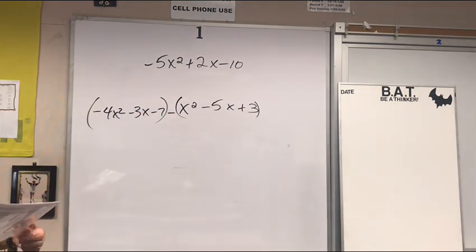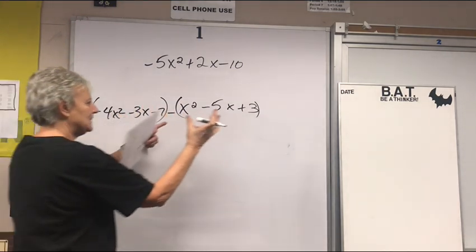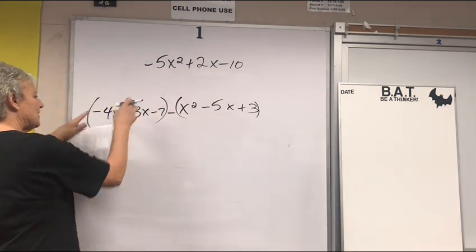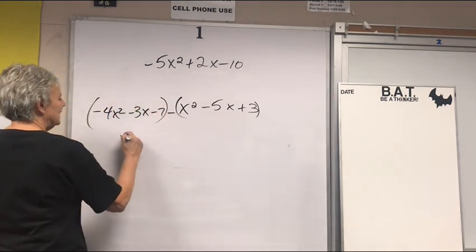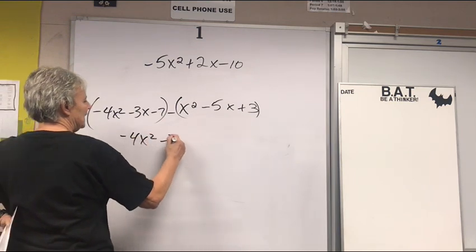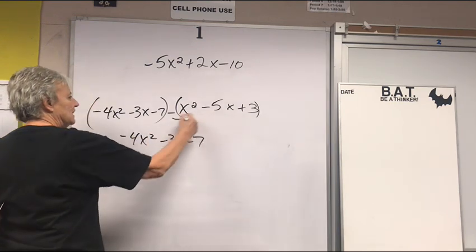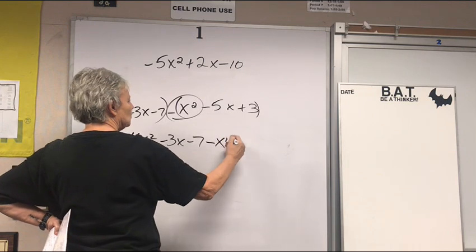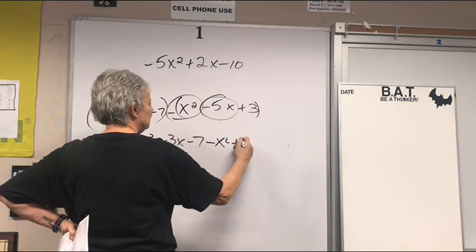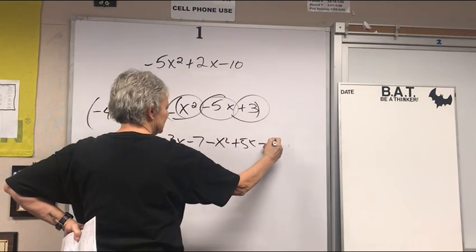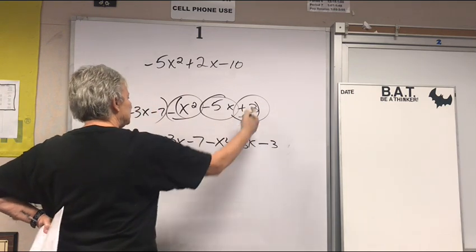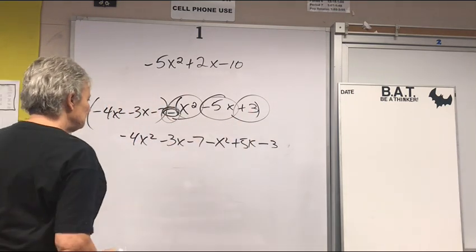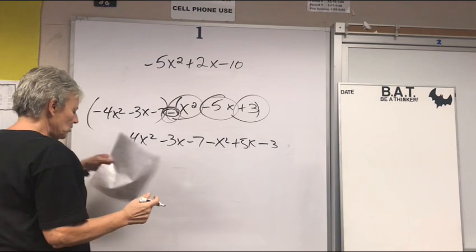That is the problem you should be doing. Subtracting this from that. So when you rewrite it, negative 4x squared minus 3x minus 7. Negative x squared. Positive 5x negative 3. Notice I changed all 3 signs because of this. And then we add like terms.